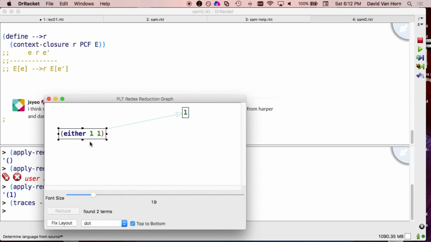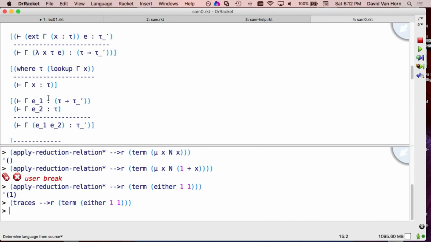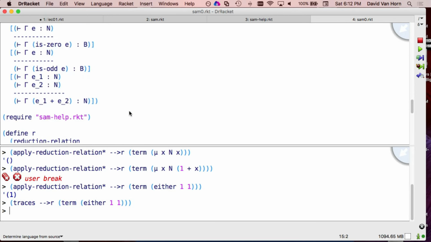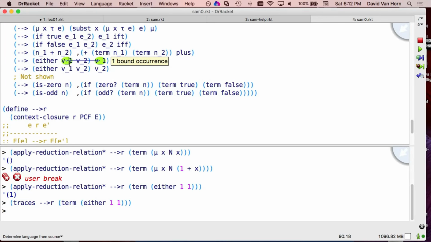Okay, so let's do this another way, and we'll see a little more intermediate non-determinism. So instead of that reduction relation, let's imagine I did something like that.